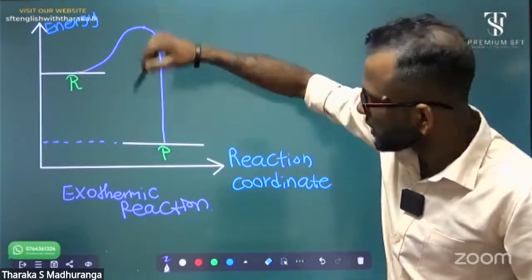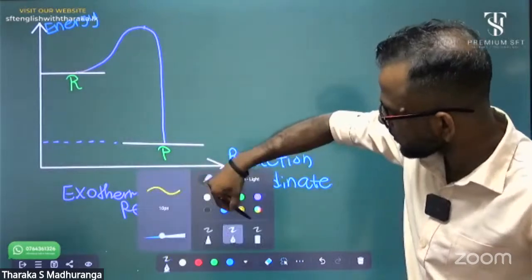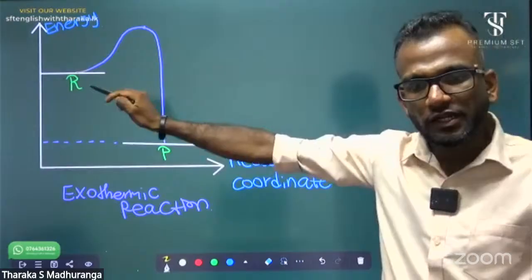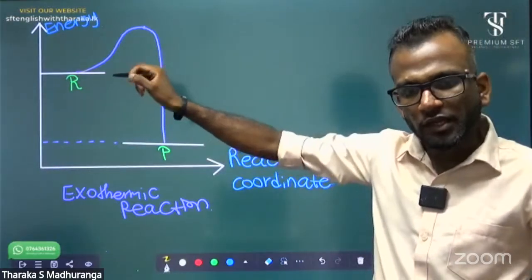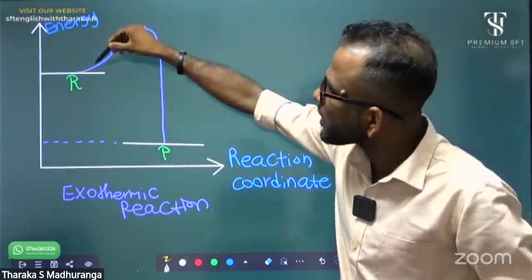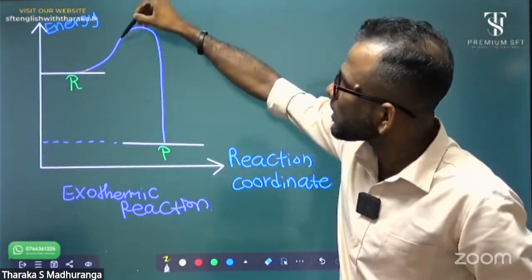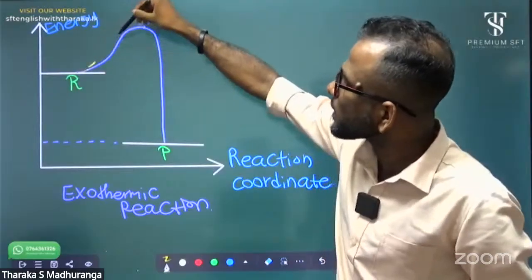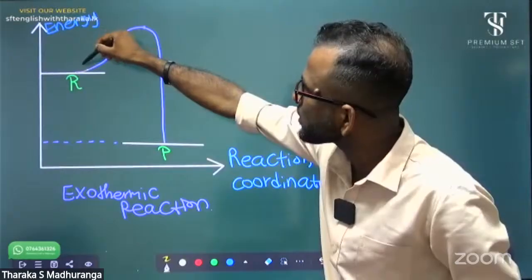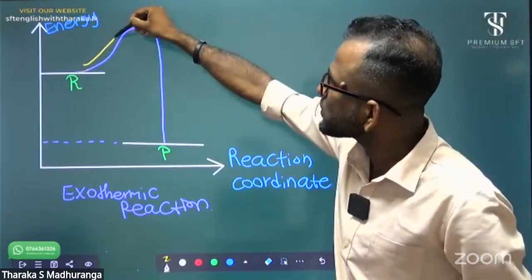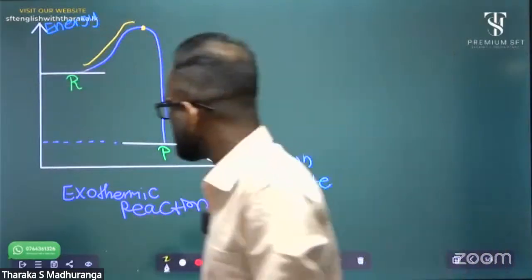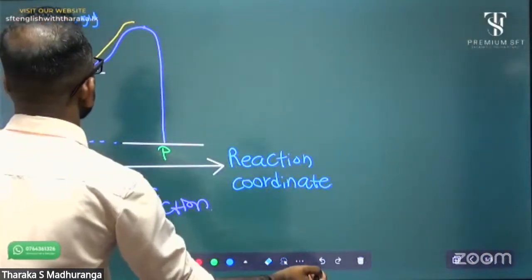Going up to here, if any molecule, this is the initial reactant energy level, right? If any molecule is to convert into product, think of it as a slope or mountain. This reactant molecule should have energy level up to this level. Understand? Okay, it's a very, very important thing.